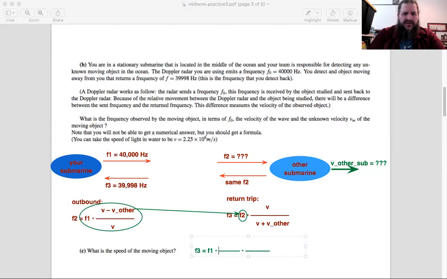F2 is F1 times this fraction V minus V other over V. And then the other fraction is just the same V over V plus V other.